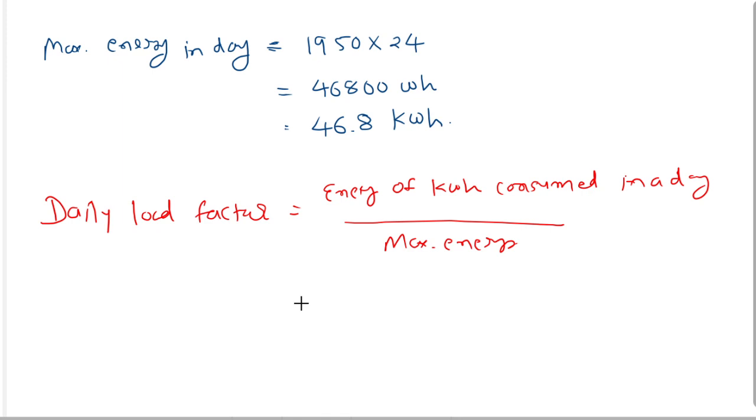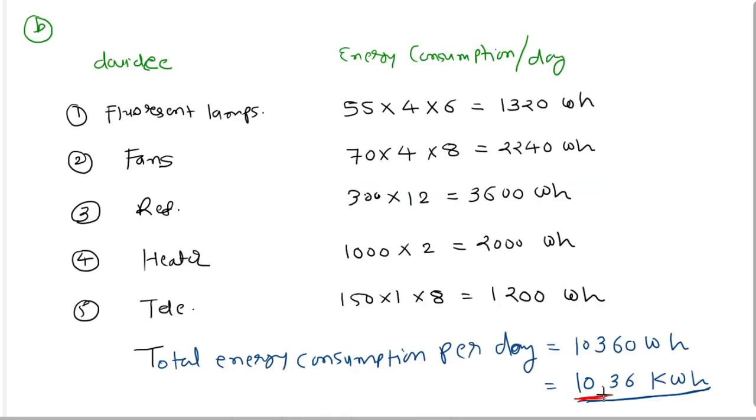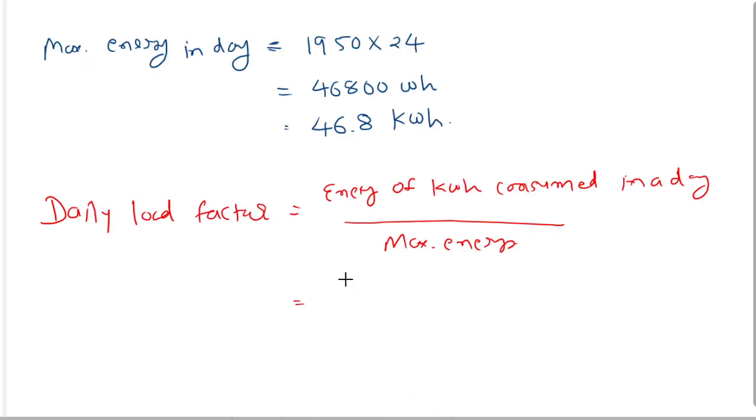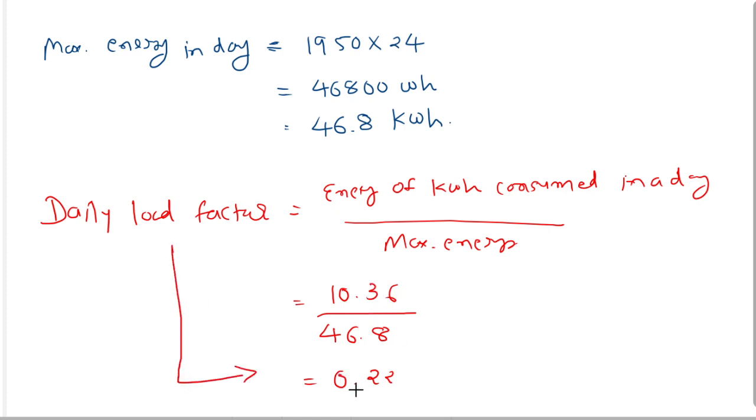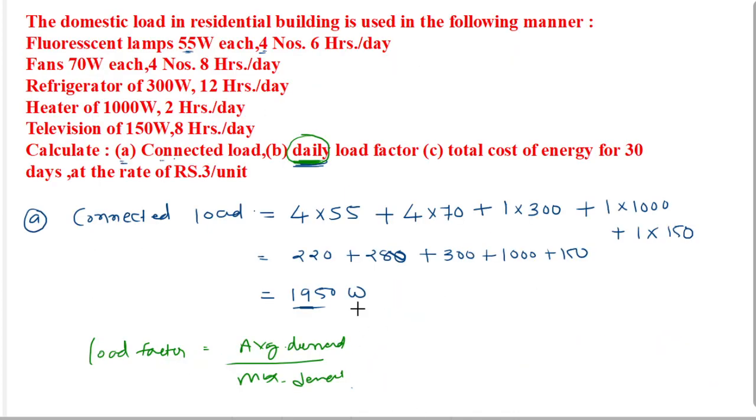We know the energy consumed in a day, we found here, is 10.36 kilowatt hour, that is the per day consumption. So I am writing here 10.36, and the maximum energy, maximum demand, that is 46.8, and the answer is 0.22. That is the daily load factor. After calculating this, you get the answer 0.22. That is our second answer, the daily load factor.